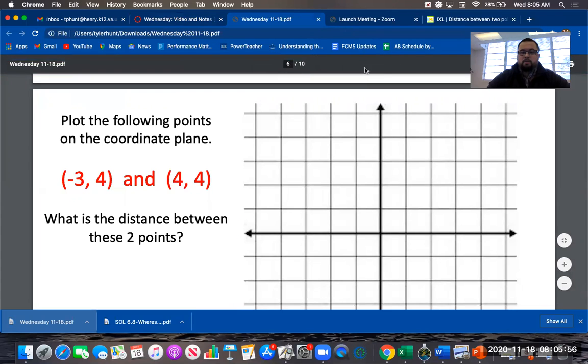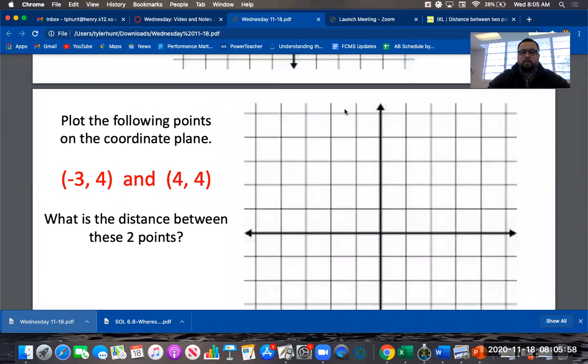Okay, so if I was going to plot these points here, remember with the little review from the other day, I got -3. So starting here at my origin, I'm going to go to the left here. So 1, 2, 3, and I just leave my pencil there. And now I'm going to go up 4. 1, 2, 3, 4.